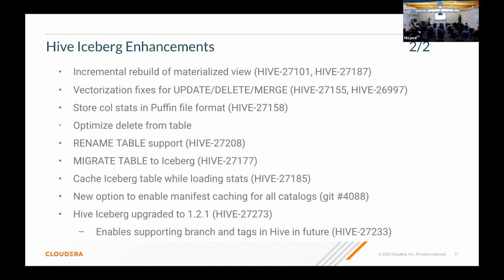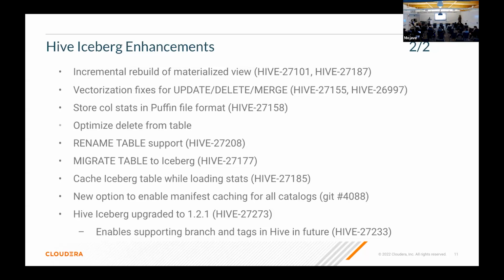We have also done some work around caching of the manifest files. So some people might be aware that Iceberg provides this flexibility of doing schema evolution, partition evolution, but it comes at the cost of also having these different manifest files.